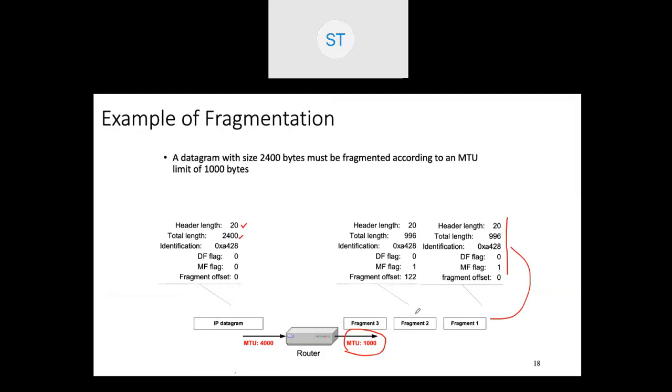This is the second fragment. So change is here: offset becomes 122. MF is 1. Everything remains same. So remaining data will be accommodated in the third fragment.